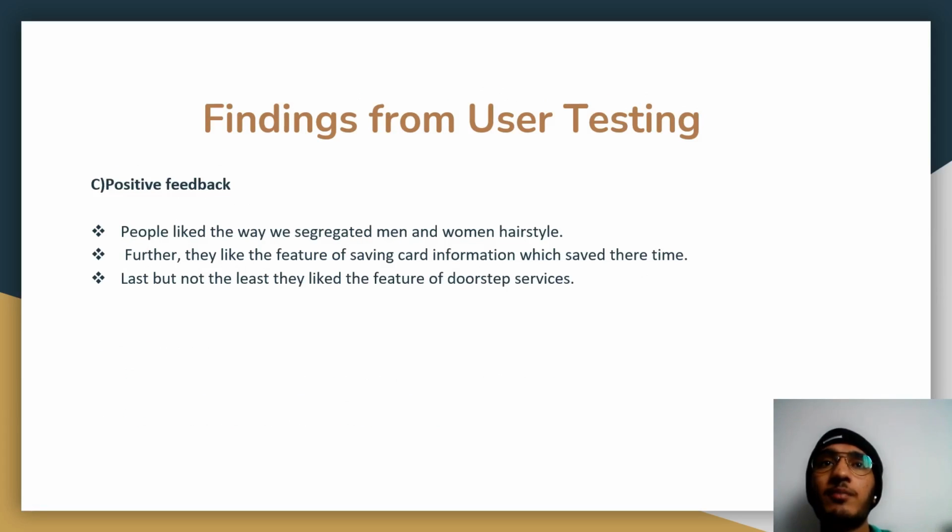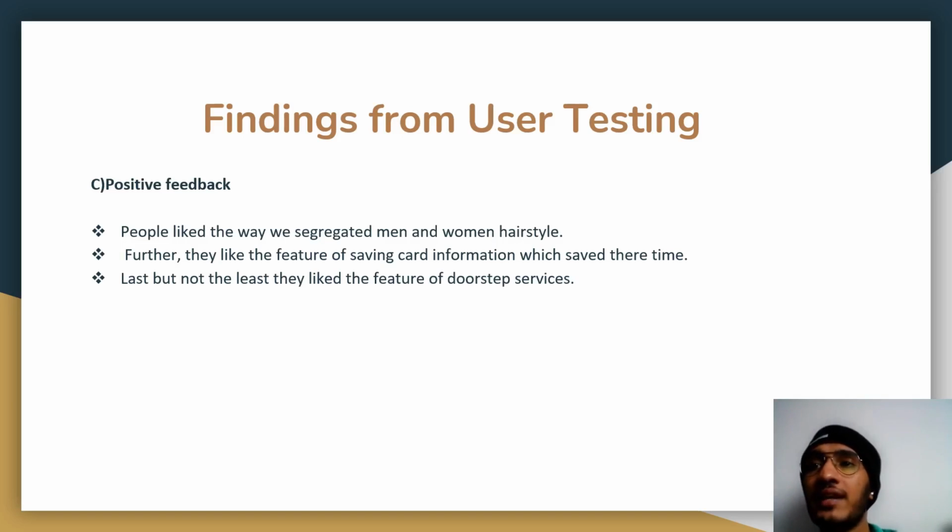Also, the third point is positive feedback. The interviewees loved everything because we kept things simple, as in other apps, so that they can find everything very easily if they want to book anything.